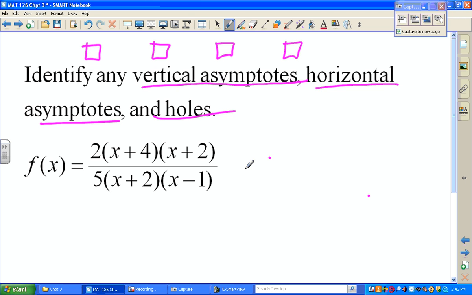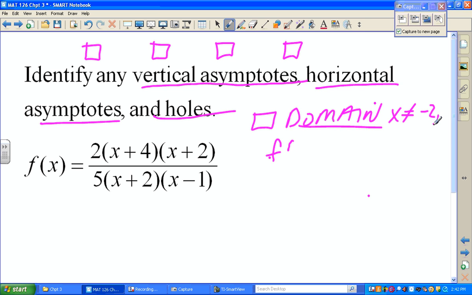So first of all, I'd approach it the same way. What's the domain of this function? X can't equal what? Yeah, x can't equal -2 or 1. So what's the function value of -2 if you put it in the equation?